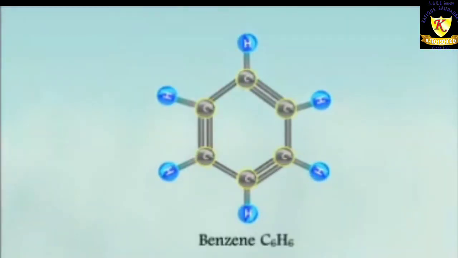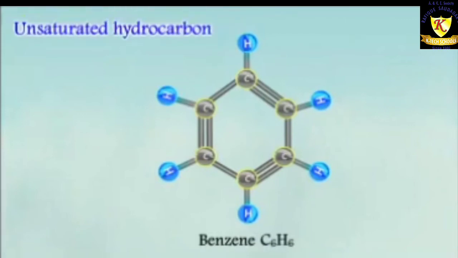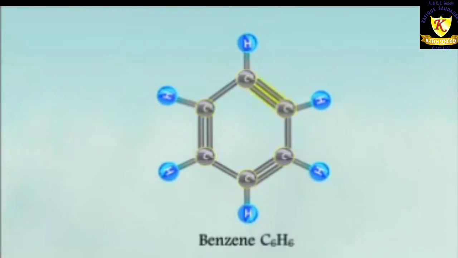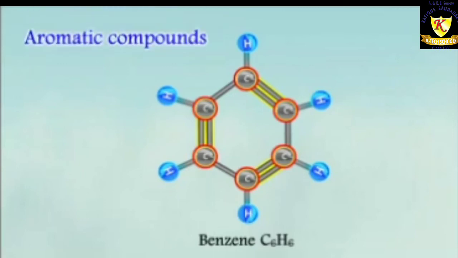It is learned from the structural formula of benzene that it is a cyclic unsaturated hydrocarbon. There are 3 alternate double bonds in the 6-membered ring structure of benzene. This characteristic unit in their structure are called aromatic compounds.